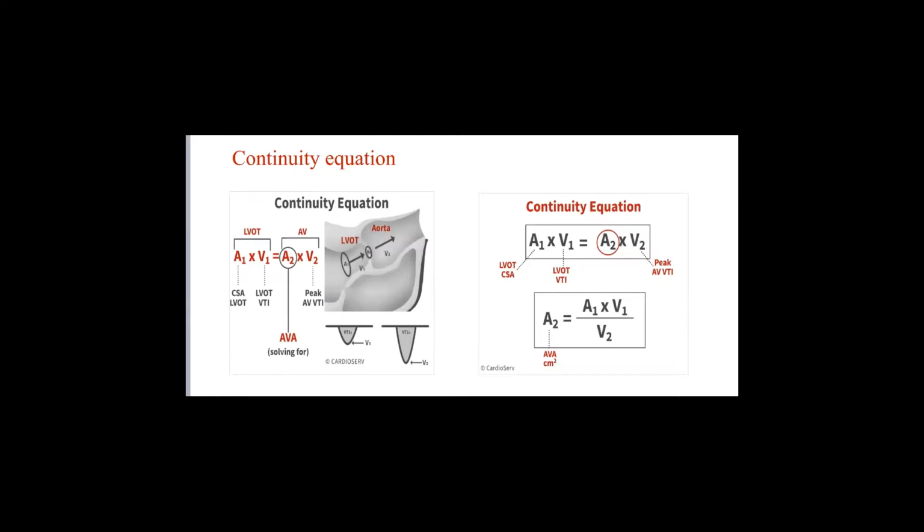Not only that, the flow in the tricuspid valve is equal to the flow at the pulmonary valve, is equal to the flow at the mitral annulus, is equal to the flow at the LVOT, is equal to the flow at the aorta, if there are no shunts and no regurgitation.